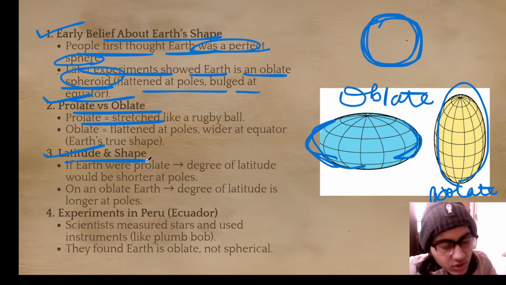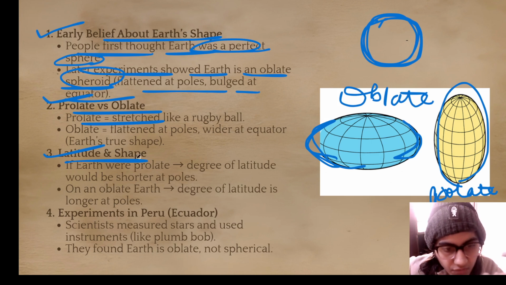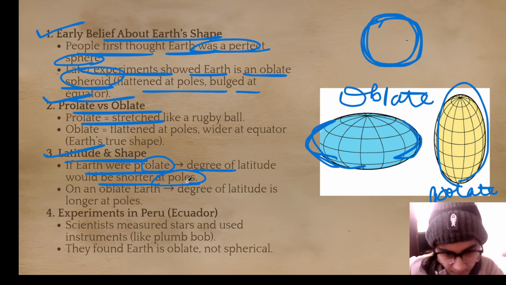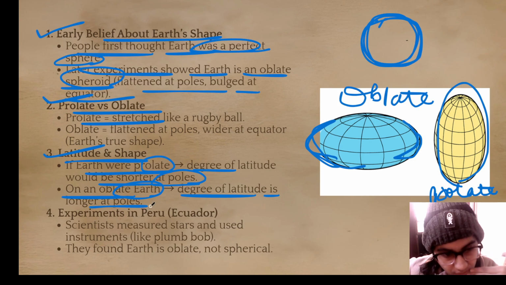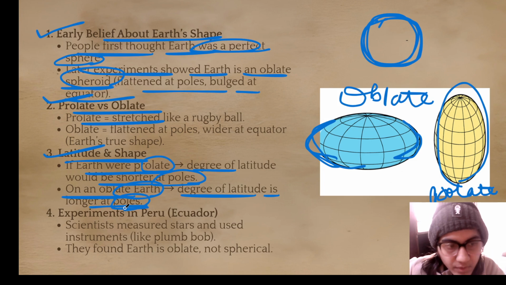Latitude and shape. Let's talk about the latitude and the shape. If earth were prolate, degree of latitude would be shorter at poles. On an oblate earth, degree of latitude is longer at poles. If we go from one latitude to another latitude in the prolate, the distance will be much shorter than in the oblate.